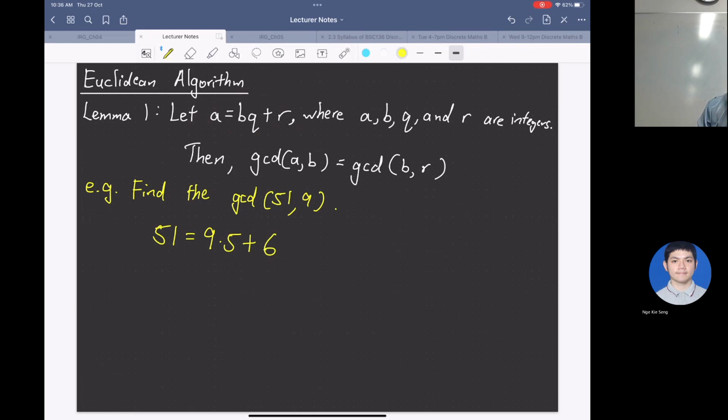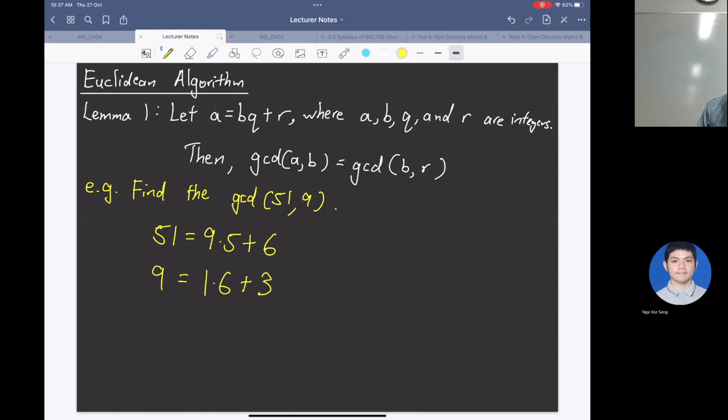Now the GCD of A and B is equal to the GCD of B and R. So you need to do it again. What's the GCD of 9 and 6? 9 is equal to 1 times 6 plus 3.